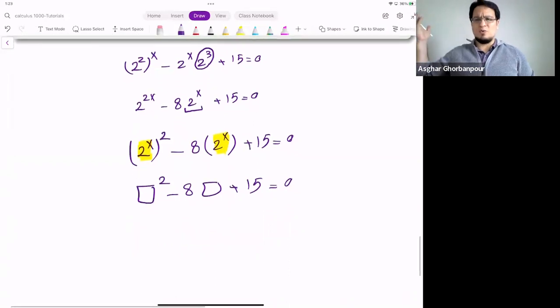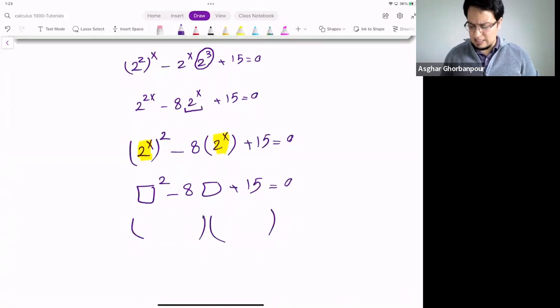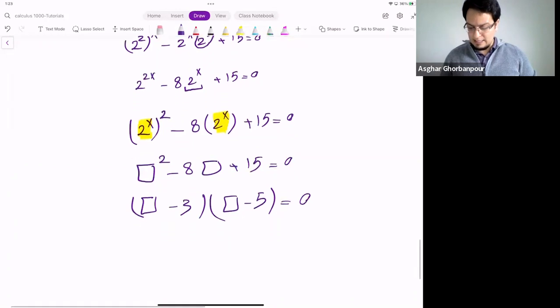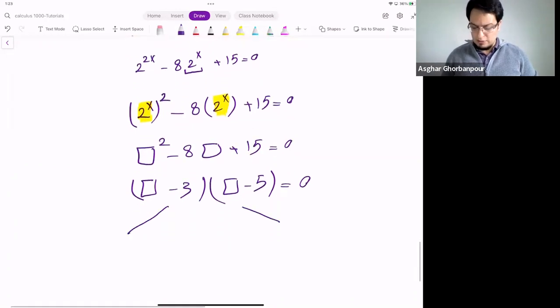I know how to solve quadratics. I have the quadratic formula. I can actually, in this case, factor this quadratic easily by putting (box minus 3)(box minus 5) equal to 0. So either box minus 3 is equal to 0, that means that box must be equal to 3, or box must be equal to 5.